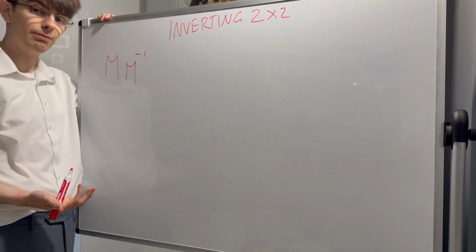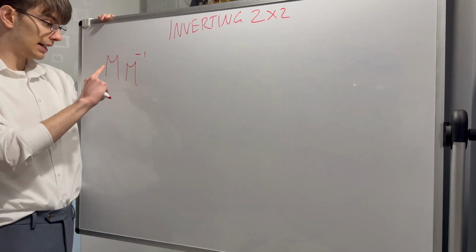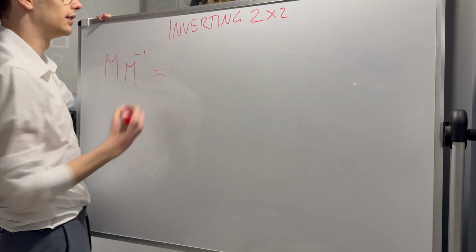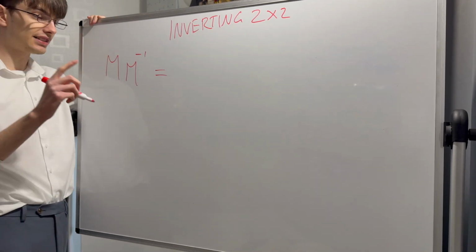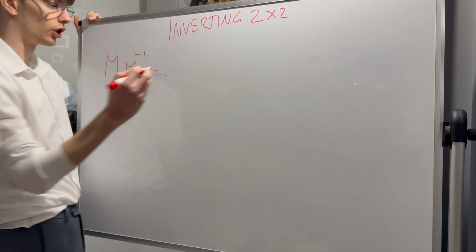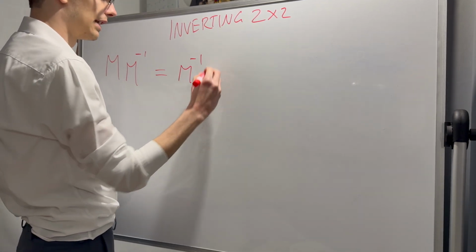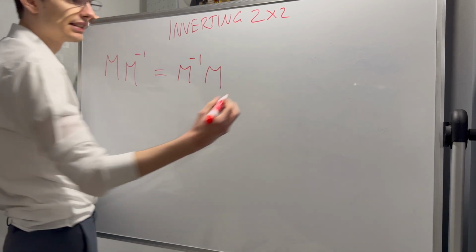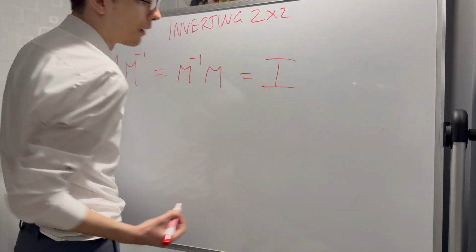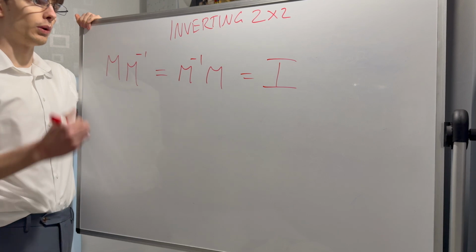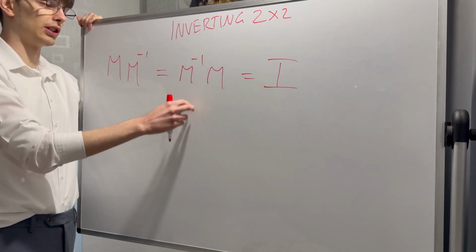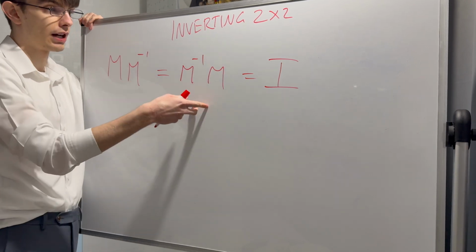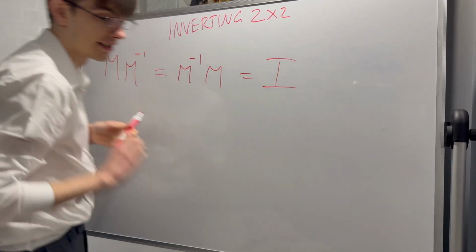And what this essentially means is that if the matrix M is multiplied by its inverse, first things first, this is commutative, meaning it is the same both ways. And secondly, it is equal to an identity. So we know if we have inverted a matrix because if we multiply a matrix by its inverted self, either way round, it gives us the identity.